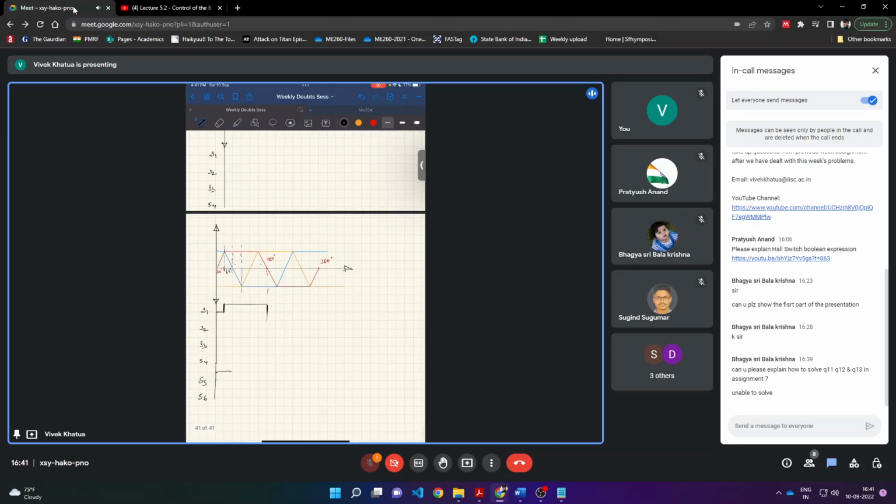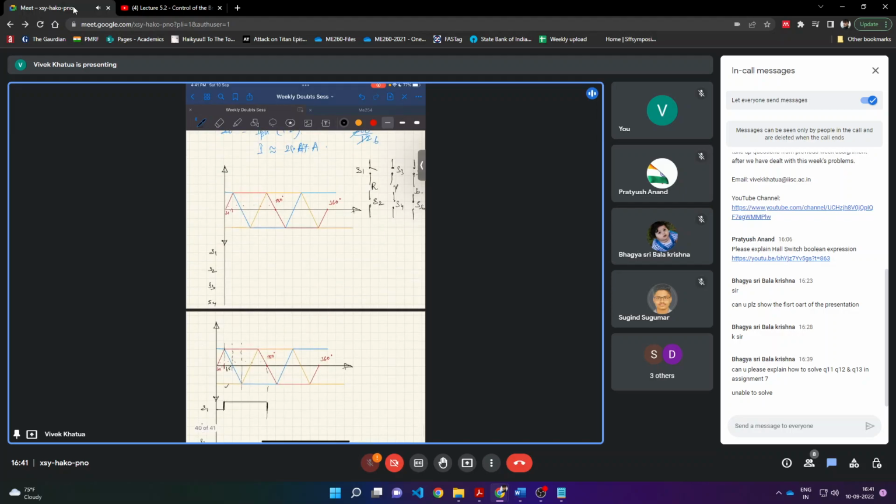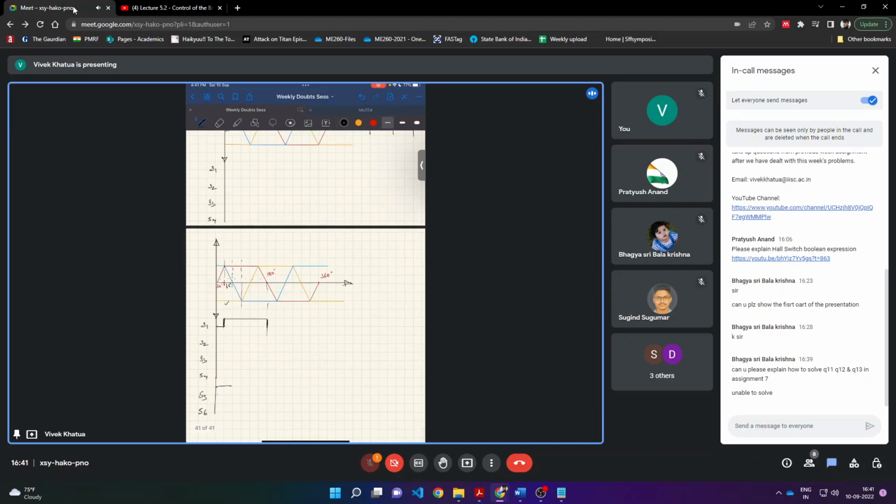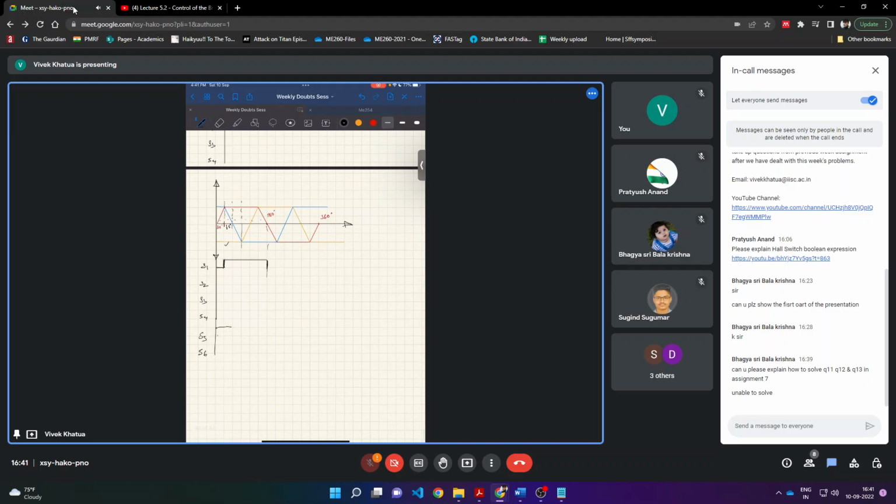Here you can see that the yellow phase is also active but negative. It is connected to the negative polarity. S4 is active till this duration.